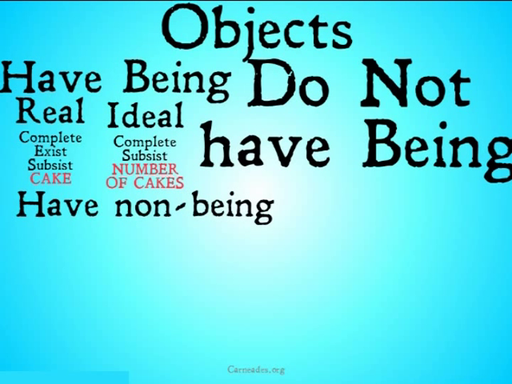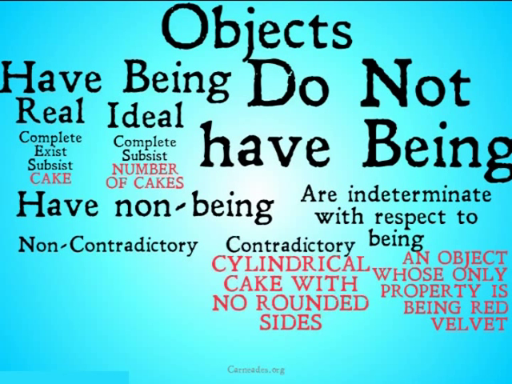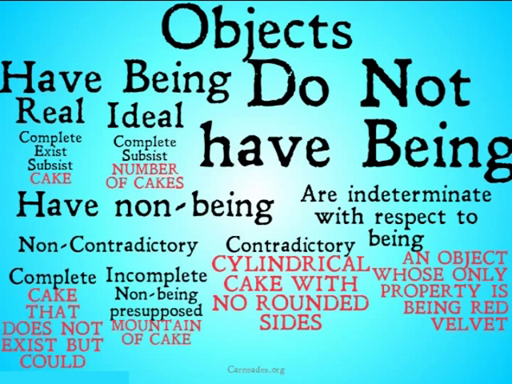In objects that do not have being, they can either have non-being or be indeterminate with respect to being. Those objects that have non-being can either be non-contradictory or contradictory. Those non-contradictory, non-being objects can either be complete or incomplete. Complete, non-contradictory, non-being objects that do not have being are things like cake that does not exist but could.